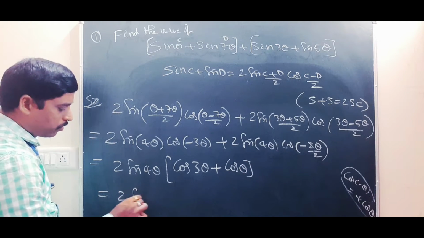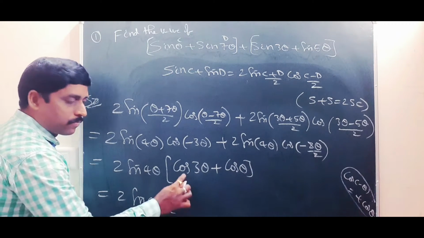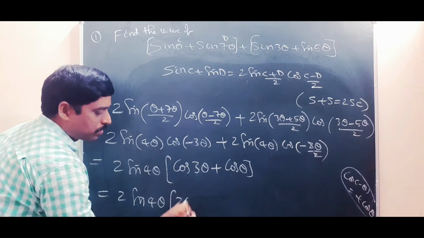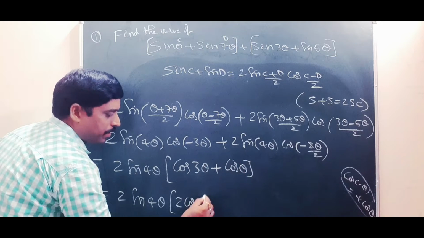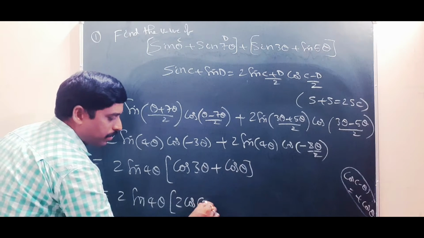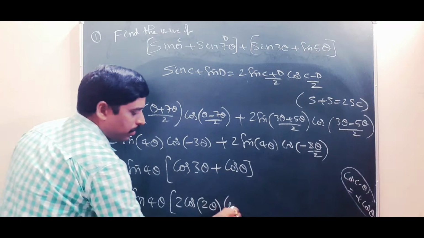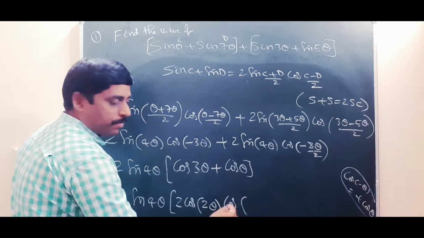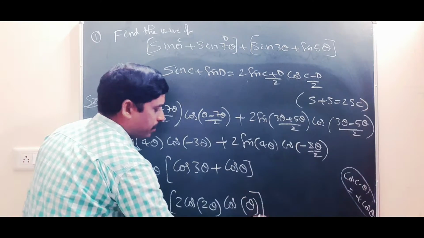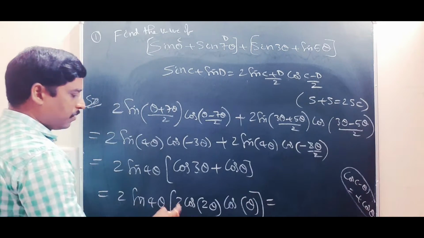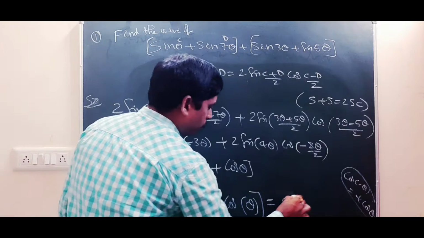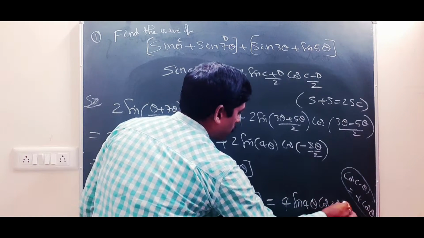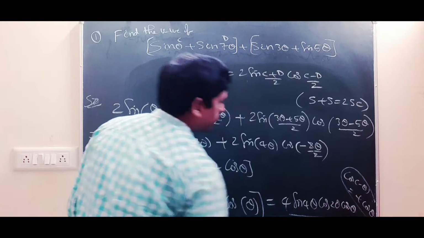Now we have the cos C plus cos D formula: 2 cos (3 theta plus theta) by 2, which is 2 theta, cos of (3 theta minus theta) by 2, which is theta. What we get is 2 sin 4 theta, 2 cos 2 theta cos theta, that is 4 sin 4 theta cos 2 theta cos theta. This is the answer.